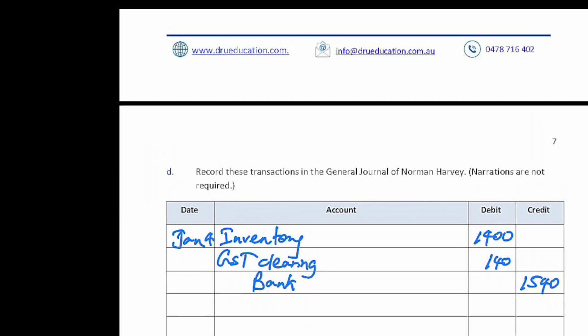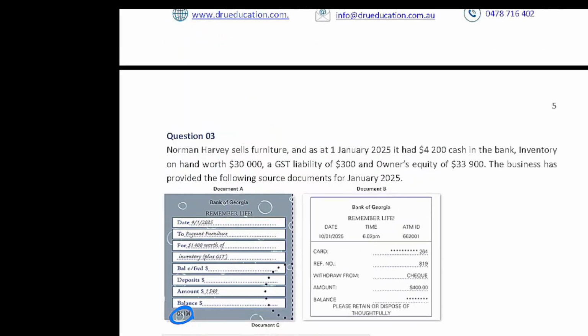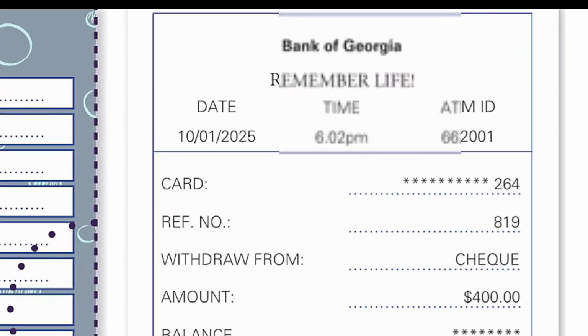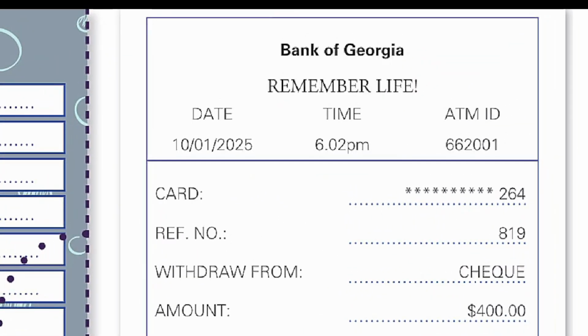Okay, next transaction. What is this source document? Anybody who knows? A receipt? No. Look at this one.